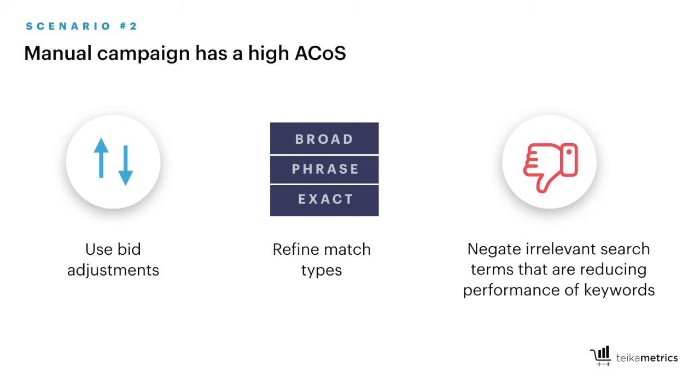Maybe those keywords are working well for you, you don't want to pause that keyword. Maybe you just want to cut out that specific search term because sometimes you can pick up some crazy variations there. Yeah, and starting your manual campaign with data from your automatic will help you keep ACoS lower to begin with because you're only going to put in keywords that have converted already for you, so you know that it should result in sales.